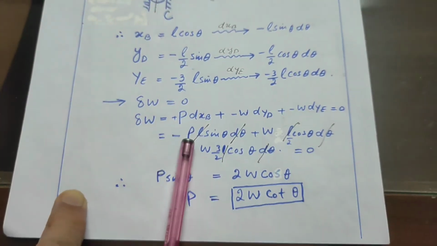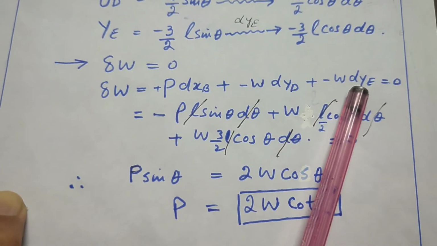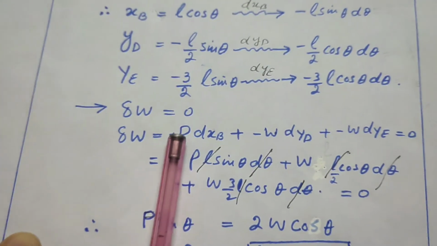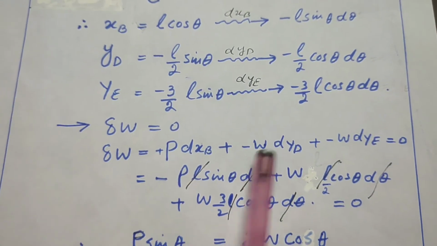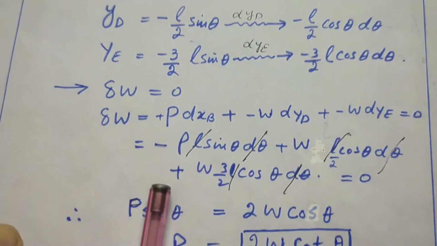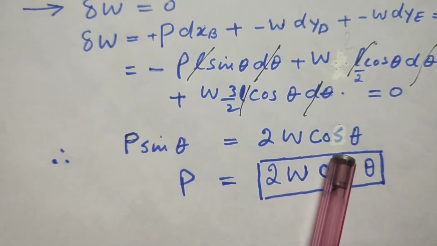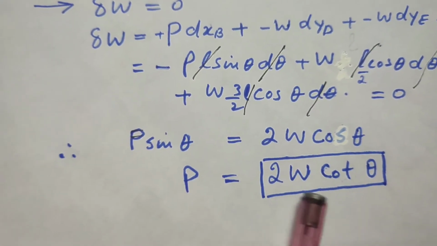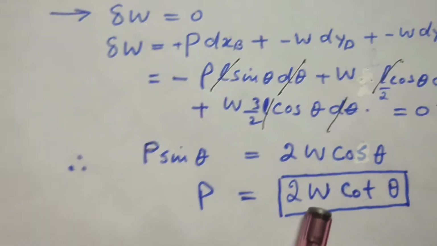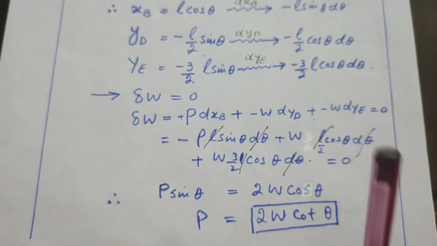This will be equal to 0, and put the value of dXB, dYD and dYE in this equation. These are the three forces, P, W of one bar and second bar. So after simplifying, P sin theta equal to 2W cos theta, P will be equal to 2W cotangent theta. If we have a value of W and theta, we can calculate the force P.